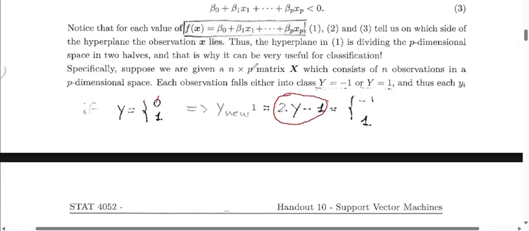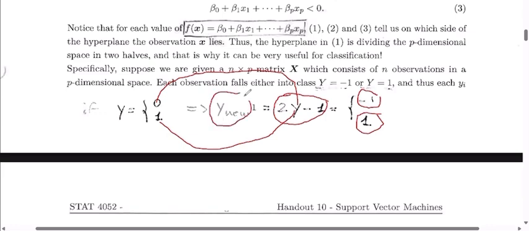When you plug in 0 for y, that's going to be negative 1, right? When you plug in 1 for y, 2 times 1 is 2, 2 minus 1 is 1. Can you see that? Okay, so that is kind of classifying a new observation. So the classification rule now is, when y is negative 1, it's going to be in that class, and for 1, it's going to be in the other class. So take a look at that.